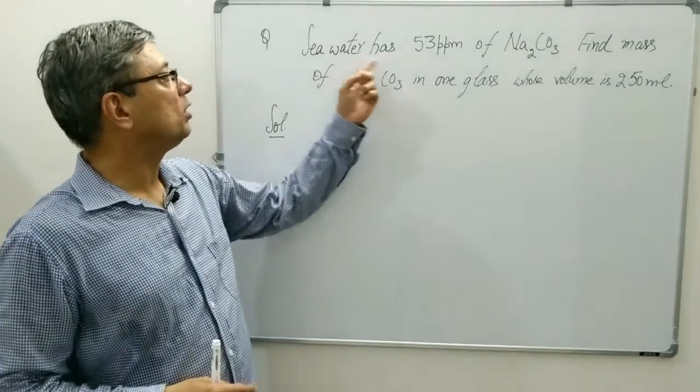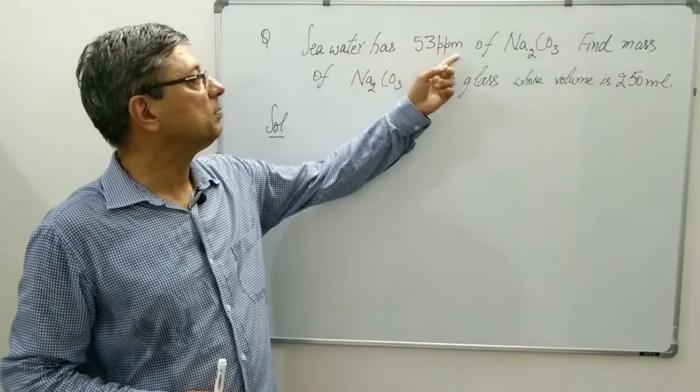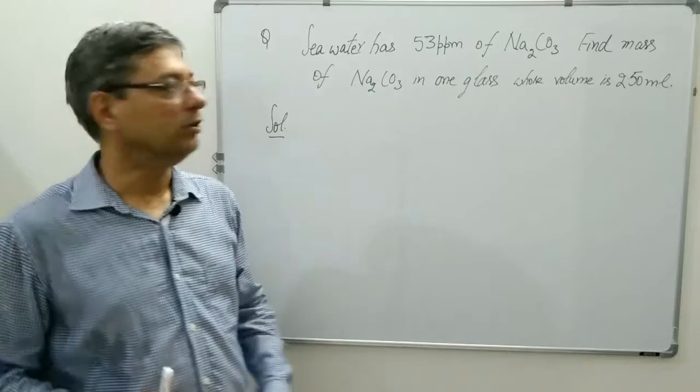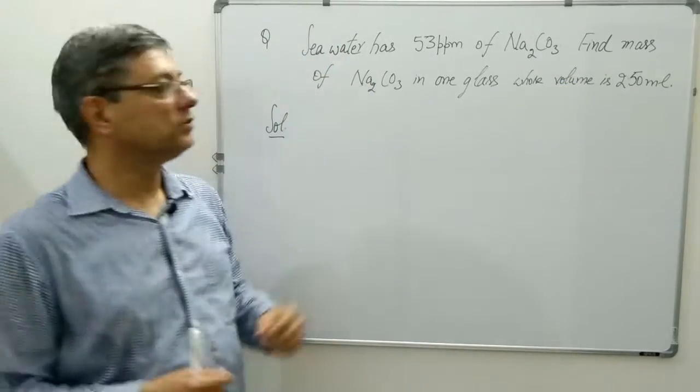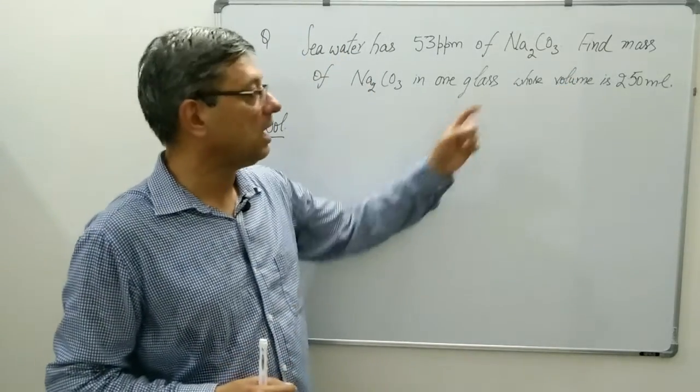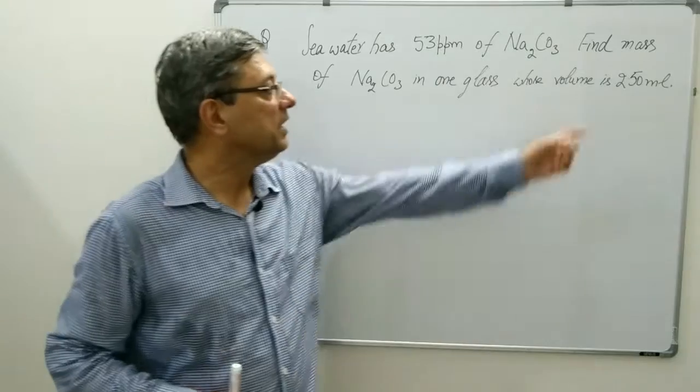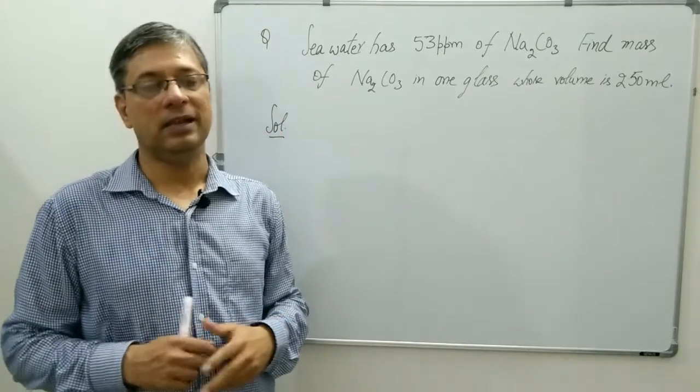Question is, sea water has 53 parts per million of sodium carbonate. Find mass of sodium carbonate in 1 glass whose volume is 250 ml.